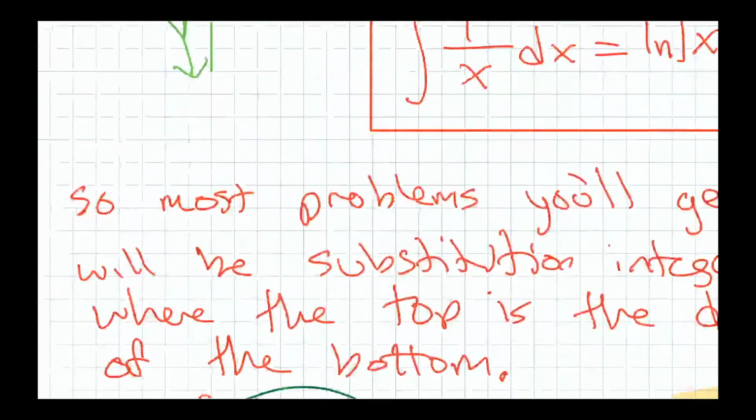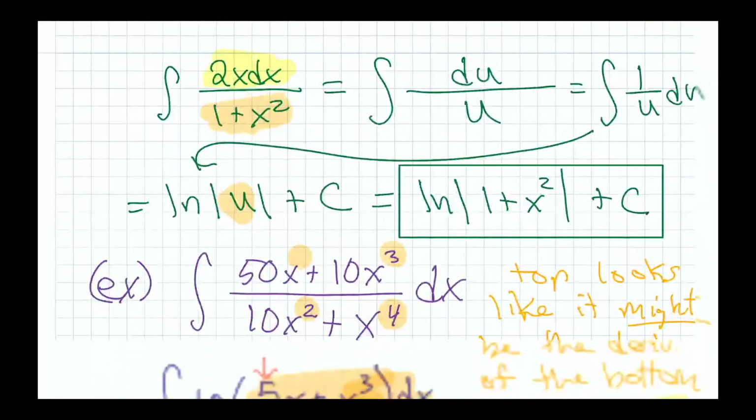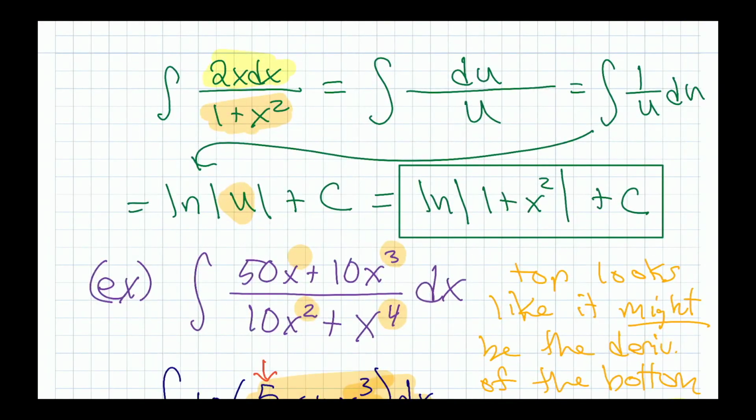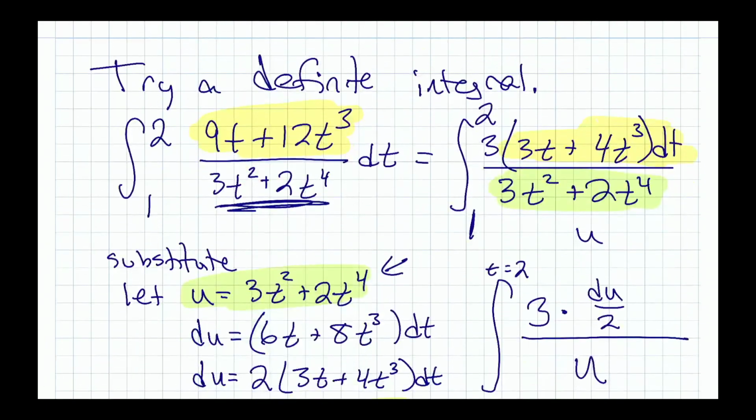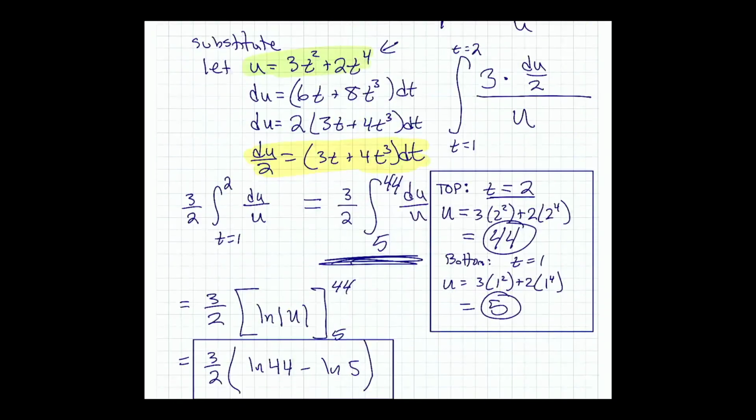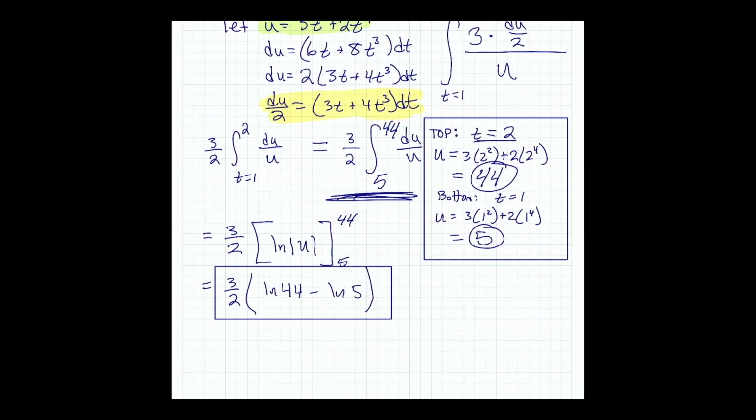We should be able to do an indefinite integral that results in a logarithm, which is a different thing. And we should be able to do a definite integral that results in a logarithm. If you can do those, you can do the homework.